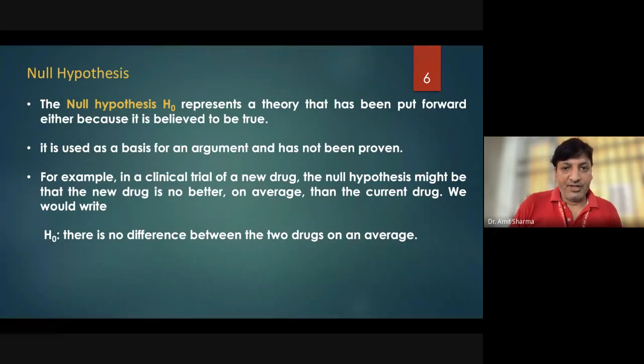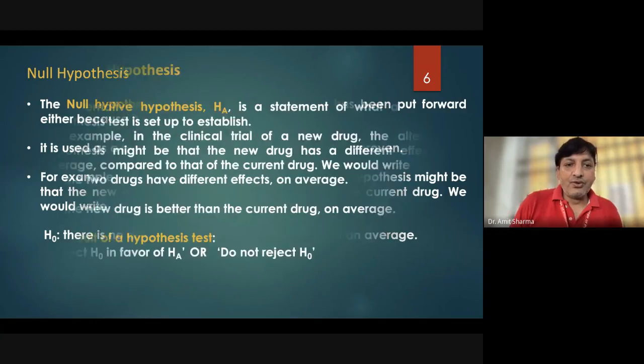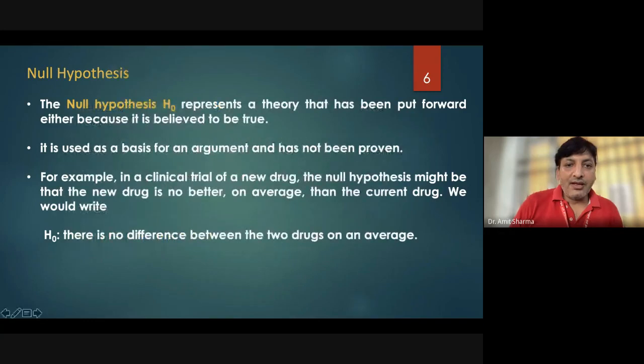But once you get the results, you try to reject the null hypothesis. That's why whenever the p value is less than 0.05, we write that the null hypothesis is rejected. Clear? So it is used as a basis for an argument that has not been proven.